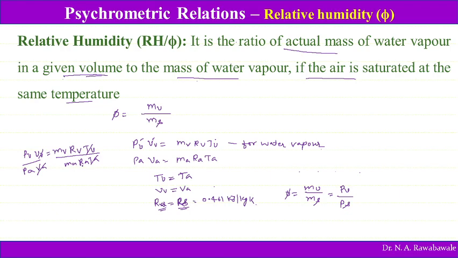Sorry, one minute. One mistake we have committed here is that this is about air. So for saturated air we can write this as PS Vs is equal to MS RS into TS.